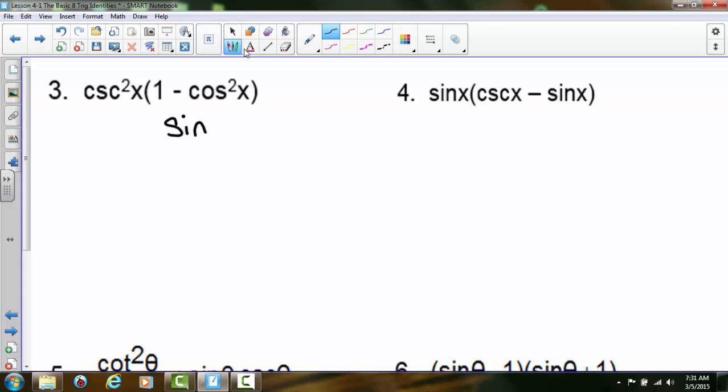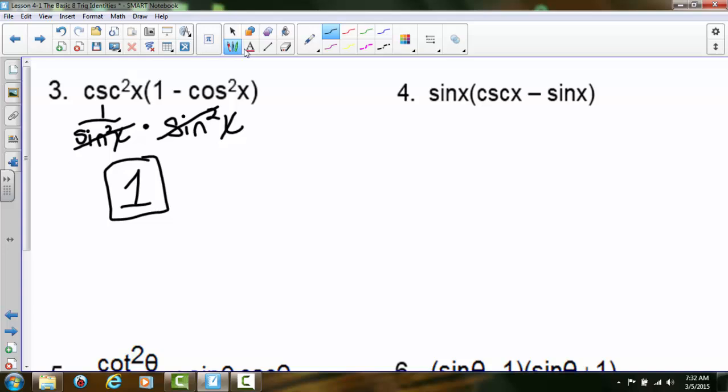So I could simplify that pretty easily. And then cosecant would be the same thing as 1 over sine squared x, right? Since we're multiplying, I have the like factors, which would divide out, and so I'm left with 1. Hey, that wasn't horrible.